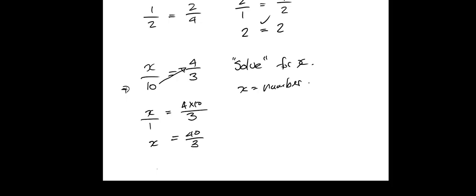And that would be our answer. Just to convince you, if we had 40 over 3 divided by 10, does that equal 4 over 3? And I invite you to grab your calculator and just prove to yourself that that is actually true.